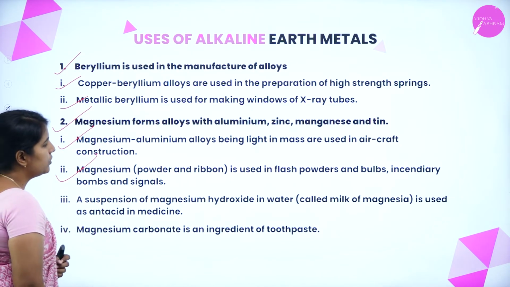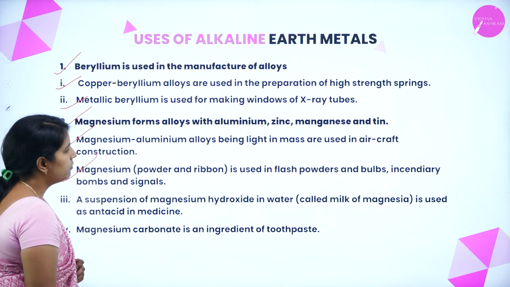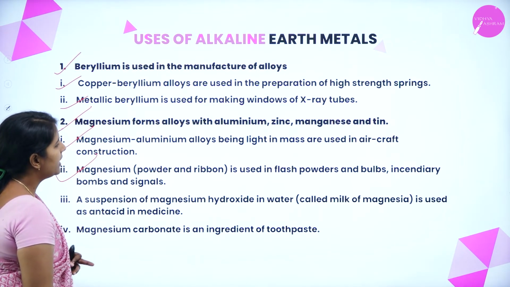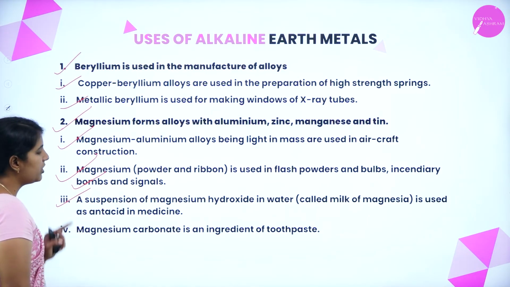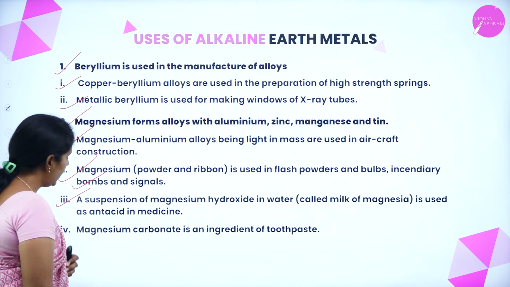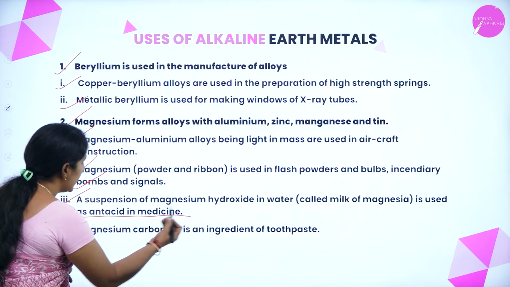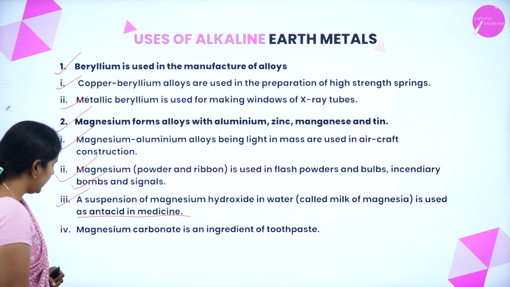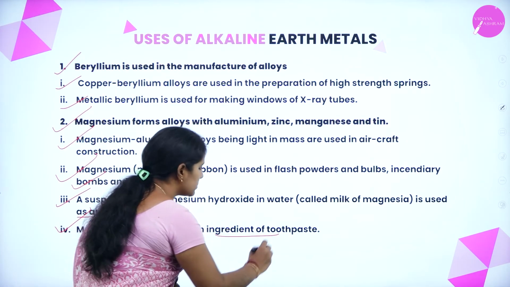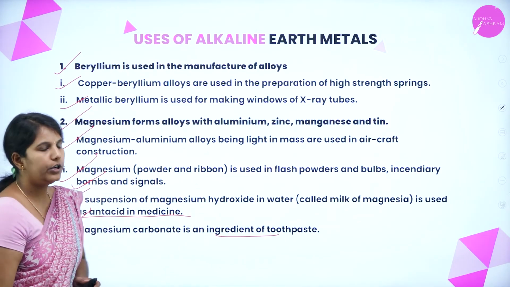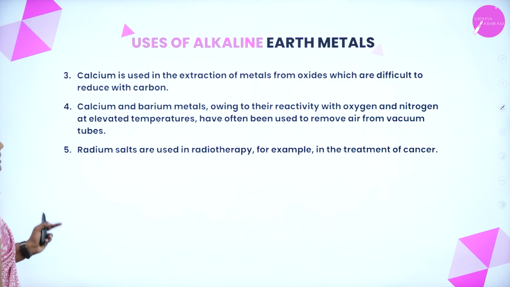Magnesium is used in flash powders and bulbs, incendiary bombs and signals, and the suspension of magnesium hydroxide in water is used as an antacid in medicine. Magnesium carbonate can also be used as one of the ingredients in toothpaste. Next is calcium.